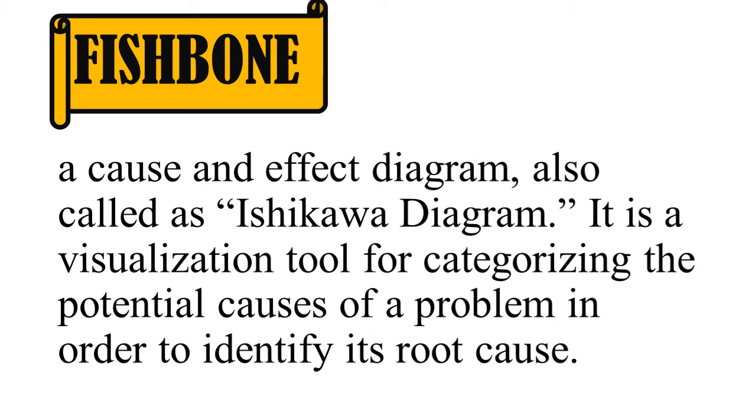And let's proceed to fishbone. Fishbone, a cause and effect diagram, also called Ishikawa diagram. It is a visualization tool for categorizing the potential causes of a problem in order to identify its root cause.